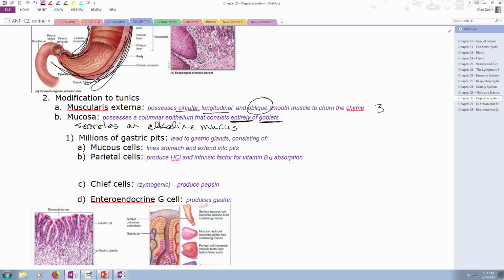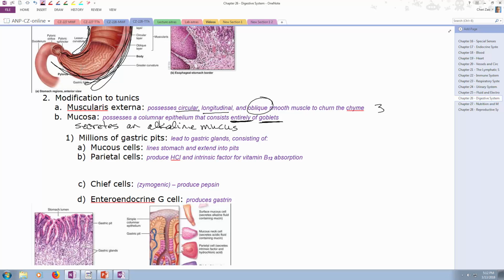So this alkaline mucus is very protective. And if you have a defect in the cells secreting alkaline mucus, what do you suppose could happen? Ulcers. So this is a very important function for protection of the stomach's function itself, which is to produce this acidic juice, or gastric juice.